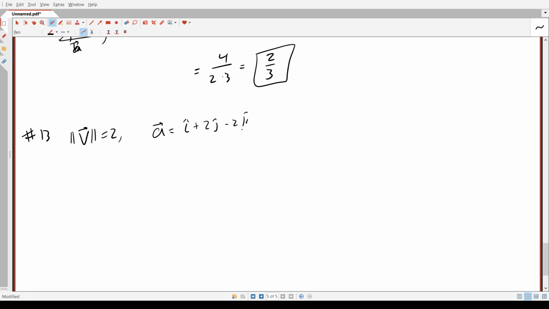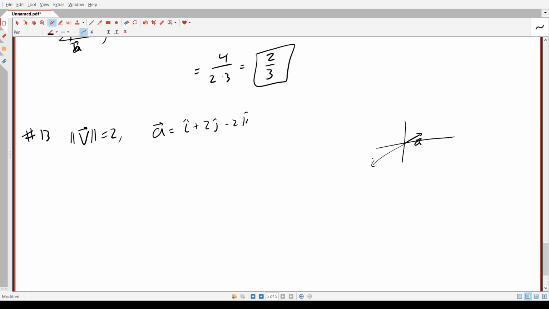Okay, let me draw a quick sketch. So here we have some vector a, and we want to find the vector with a length of 2 in the opposite direction. So the easiest way to do this is to find a unit vector that points in the same direction as a, and then multiply that by minus 2, and that's going to go in this direction.